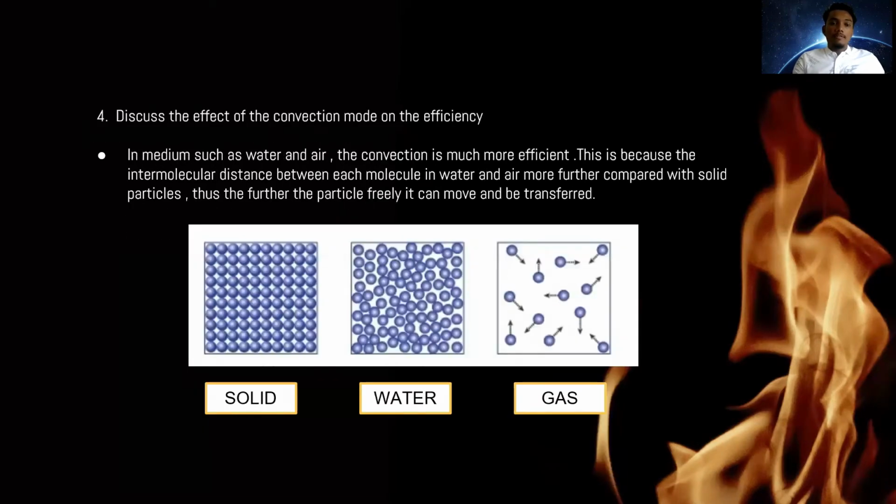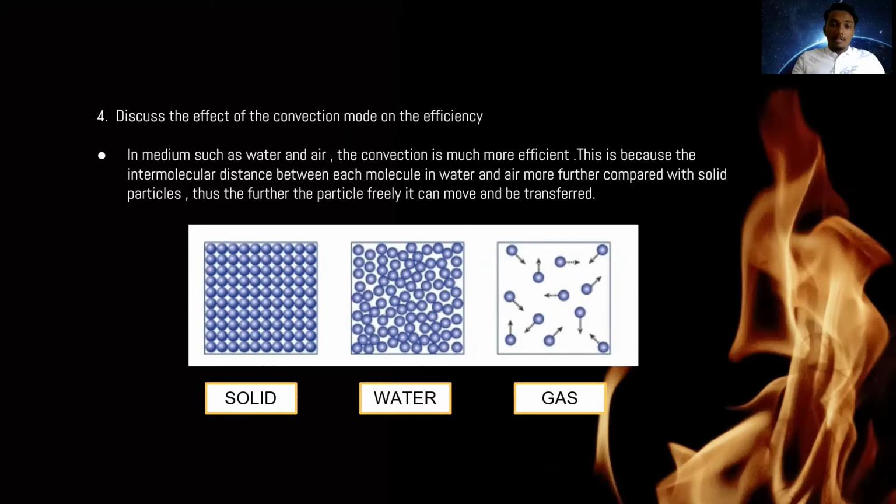For the next discussion, let's discuss the effect of convection mode on the several efficiencies. In mediums such as water and air, the coefficient is much higher because the intermolecular distance between molecules in water and air is larger compared with solid particles. Thus, the particles can move and transfer heat freely.